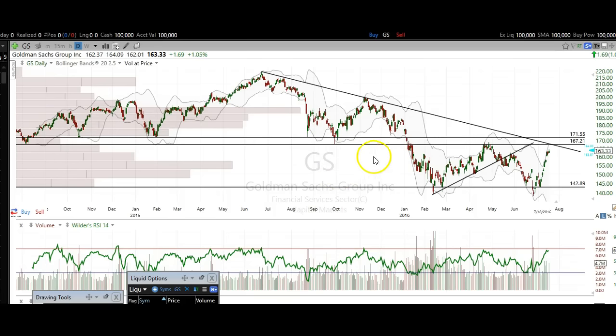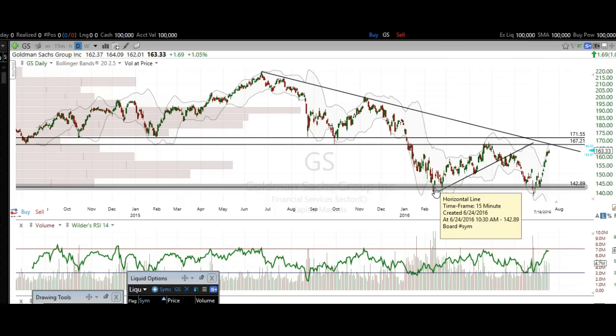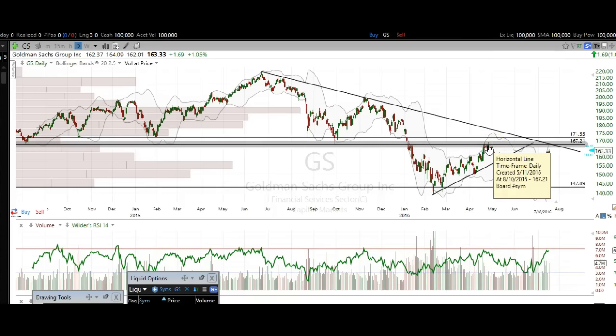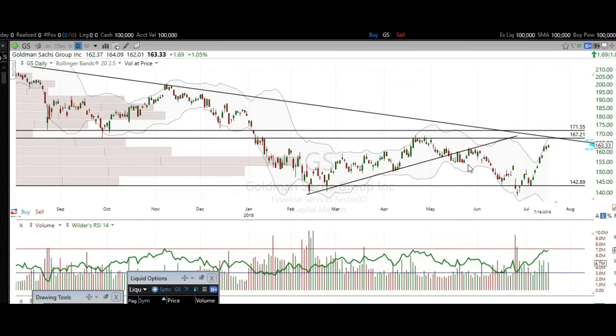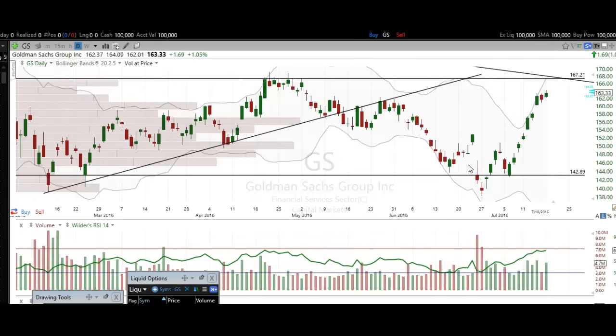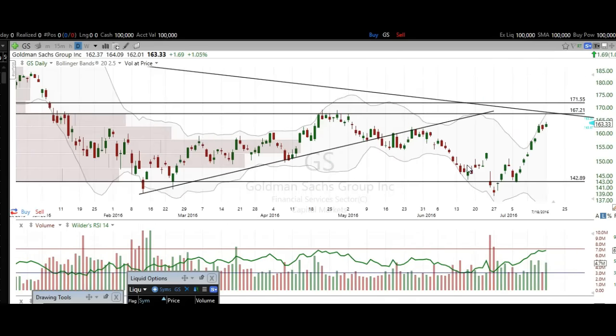So once we broke down below that, that became bearish for this stock, Goldman Sachs. And you can see that when we came up here this time, we got rejected right here at those lows. So right now we're coming back up to retest those levels, and I'm going to zoom in here a little bit so you can see it.